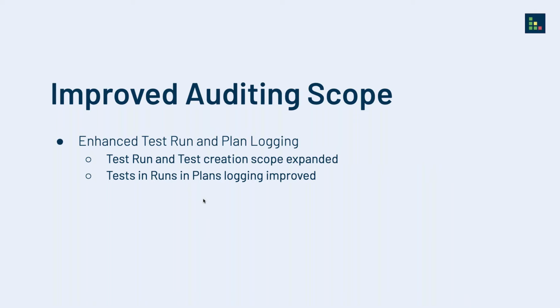And as I alluded to in the previous slide, the audit log better captures what's happening when you're creating runs and plans, and which tests are being created as a result. So a wealth of general improvements there.